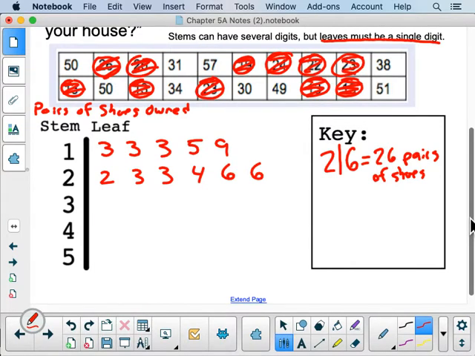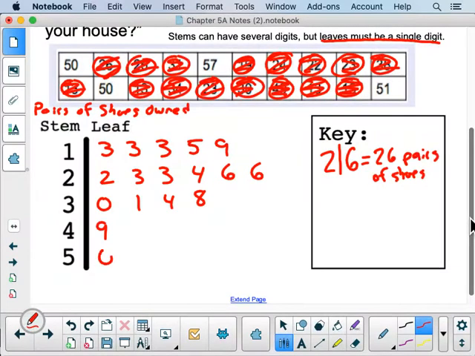Okay, the 30s, we have a 31, a 34, a 30, and a 38. So the smallest one of those is 30. Then we have 31, 34, and 38. Okay, there's only one number in the 40s, 49. And then we're on the 50s. That's everything left. I have 2 50s, so 2 zeros, a 51, and a 57.